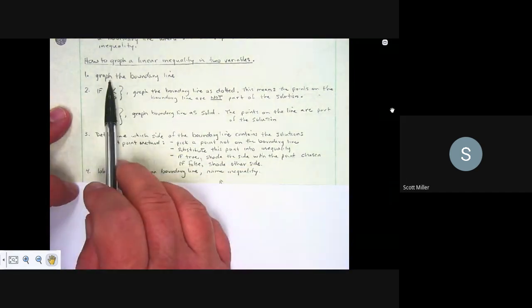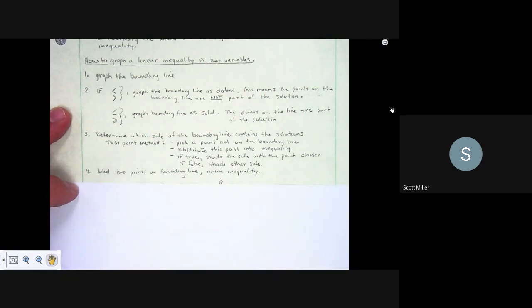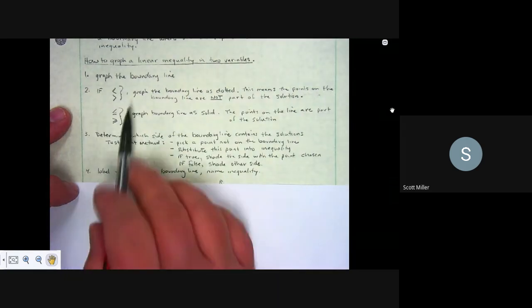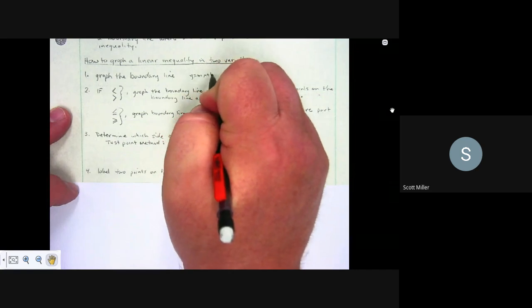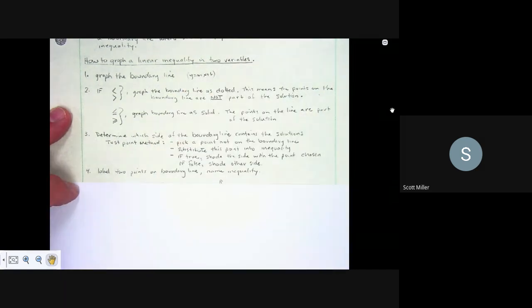We're going to graph the boundary line. Okay, I'll show you what that is here in a minute. That would usually be in the form of y equals mx plus b, but it can be in any form of the line. If you give it in standard form or slope-intercept form or any form, that's the boundary line when it's an equal sign.